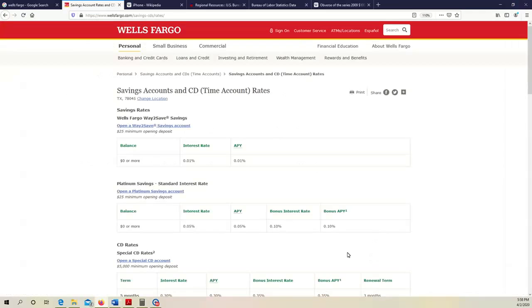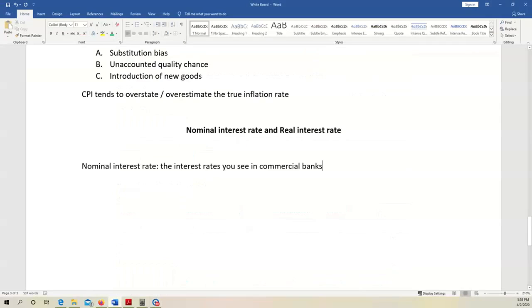Nominal interest rate does not care about what? Inflation rate. So for example, if the inflation rate in Laredo, Texas is 1% in the year 2019, then what's real interest rate?